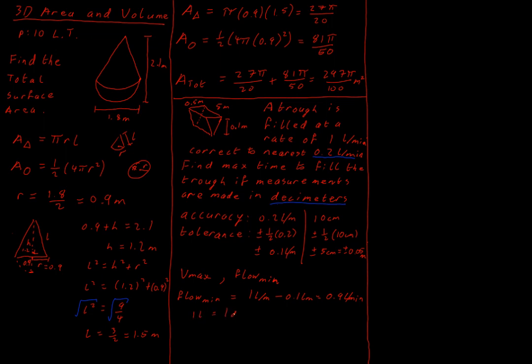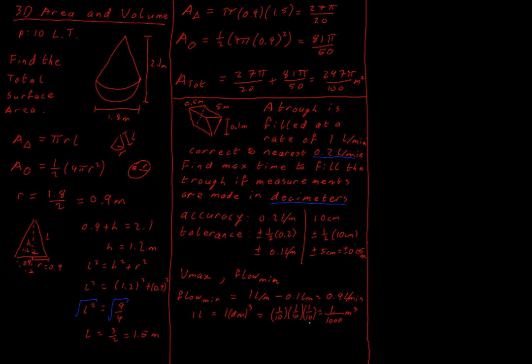It would be 0.1 of a meter by 0.1 of a meter by 0.1 of a meter, or a tenth multiplied by a tenth multiplied by a tenth. So a liter is equal to 1 decimeter cubed, which would be a tenth of a meter by a tenth of a meter by a tenth of a meter, which is 1/1,000 of a meter cubed.